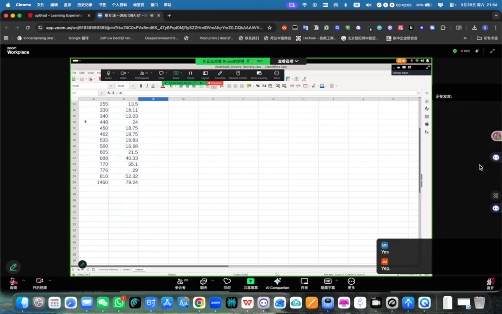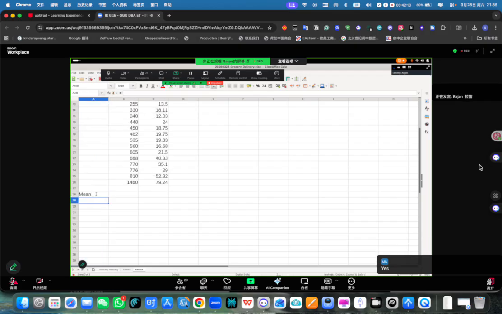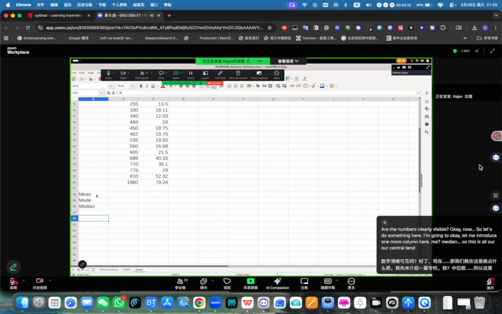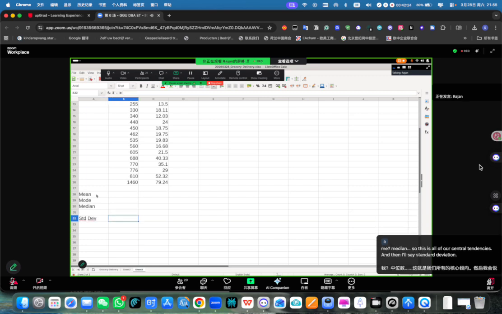Now, let's do something here. Let me introduce one more column here. Say mean, median. So these are all our central tendencies, and then I'll say standard deviation. This is our measure of dispersion.